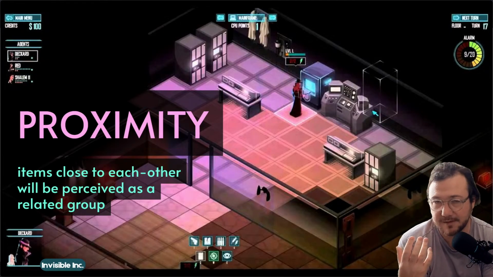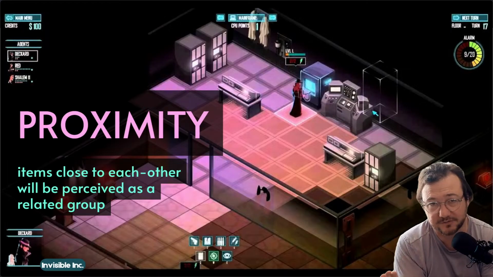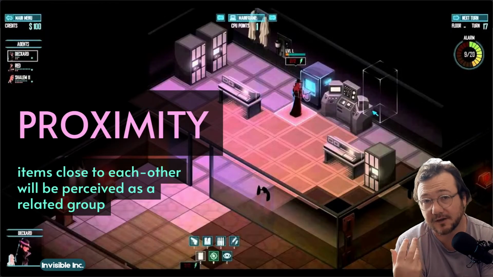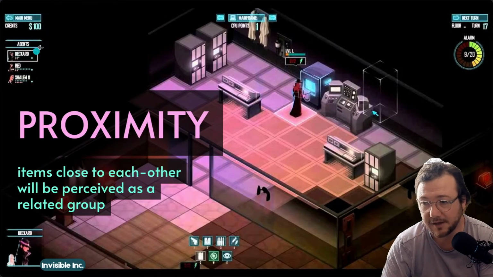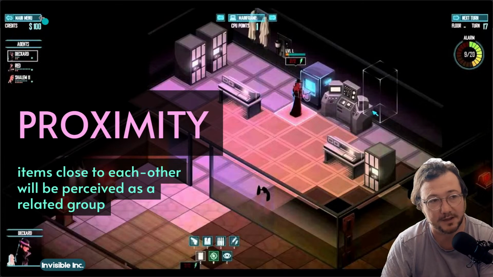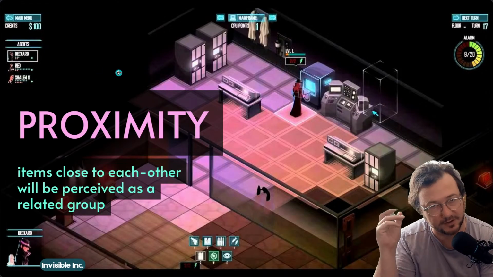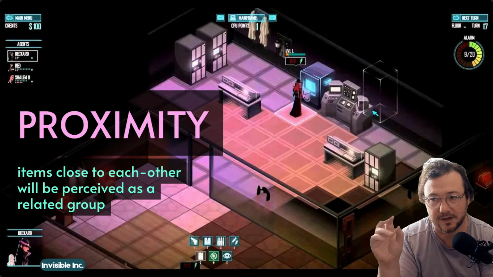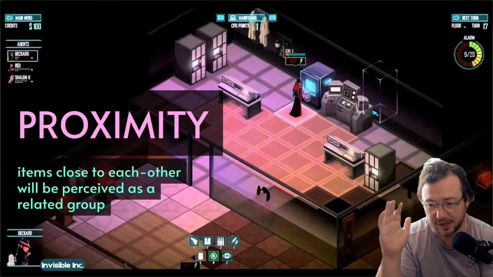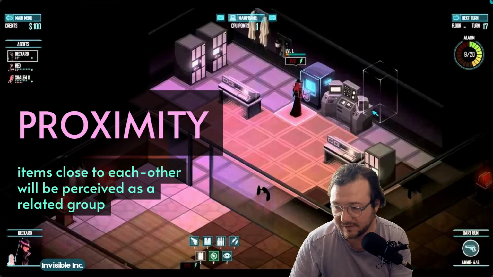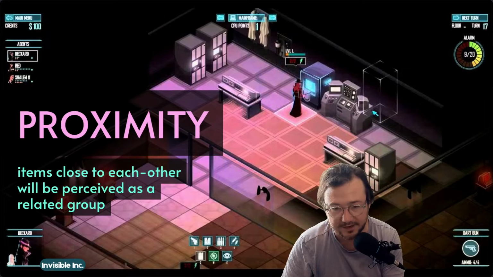If I'm a gamer and I play your game and I see you've put stuff together, I'm going to assume you've done that for a reason, right? So when I look up here in the top left in Invisible Ink and I see my credits are up here, I'm going to think, well, maybe that's related to my list of agents in some way because you've put it there together. But in the context of Gestalt principles, it's much more that this is a human thing we do. If we see things that are close together, we think that they're related in some way, right?